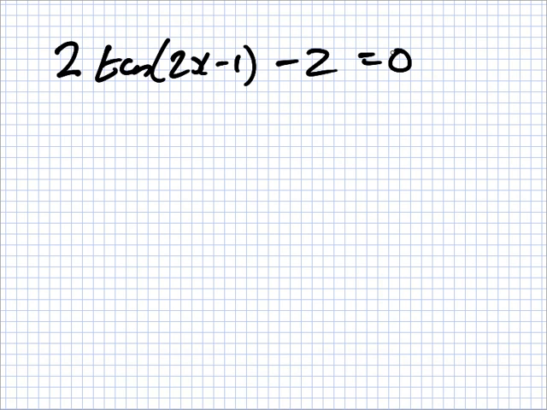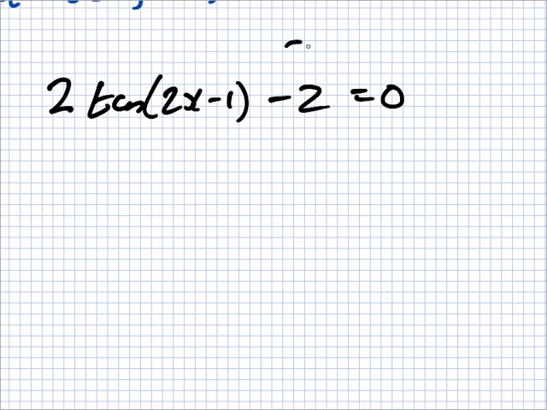Right, 2 tan(2x minus 1) minus 2 equals 0. How many answers are here? Well, I say in the question x is between minus and plus infinity. So, how many answers? Infinite answers, yeah.